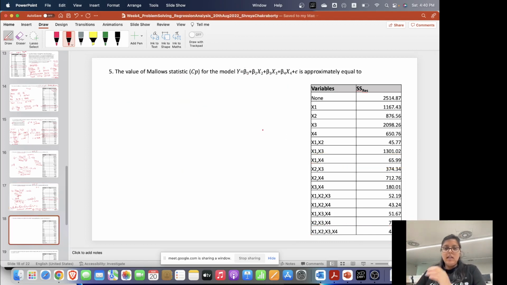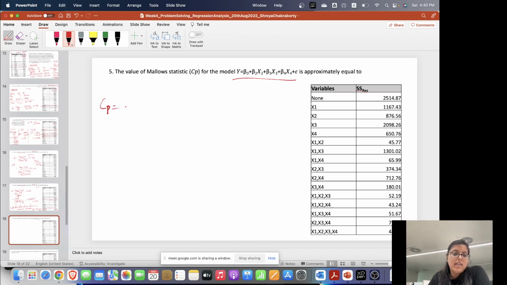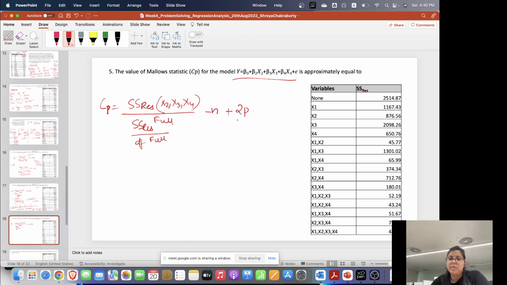Similarly, if we have been asked to find the value of the Mallows Cp statistic for this model, then we can write Cp equal to the sum of squares of residuals from fitting x2, x3, x4, divided by the mean square of residuals in the full model, minus n plus 2p.